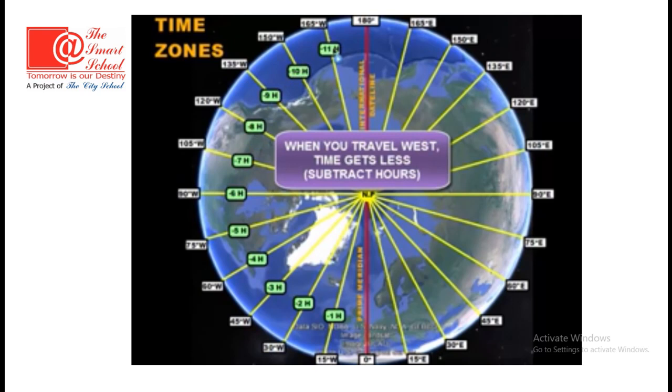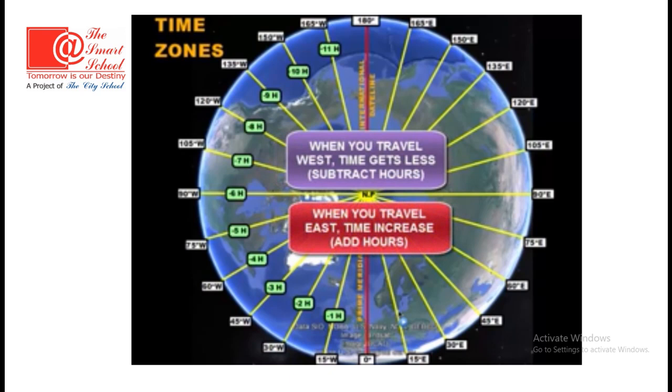Now the opposite happens for the east. As you go east, time increases. For every 15 degrees east you travel, you add an hour. From the prime meridian to 15 degrees east, I add 1 hour. When I go to 30, that's 2 sets of 15, which gives me 2 hours.